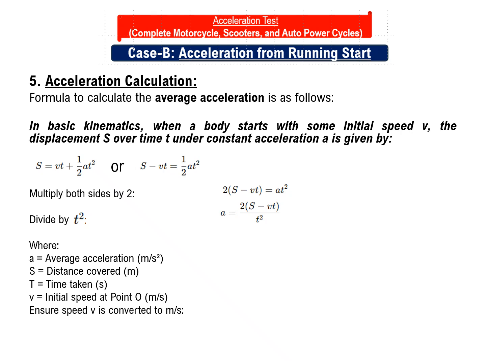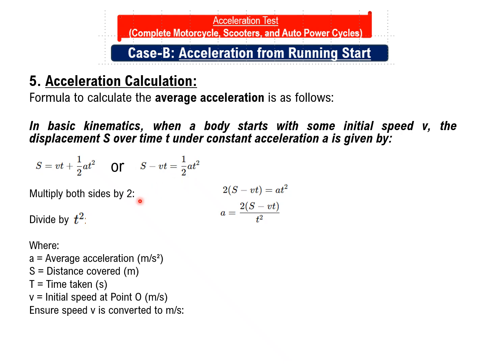Now coming to the formula for calculation of average acceleration. We know that in basic kinematics, when a body starts from some initial speed v, the displacement s over time t, or the distance covered in time t, under constant acceleration is given by s = vt + half at square, or s − vt = half at square.